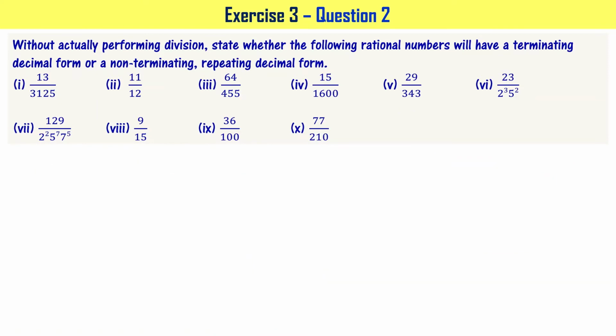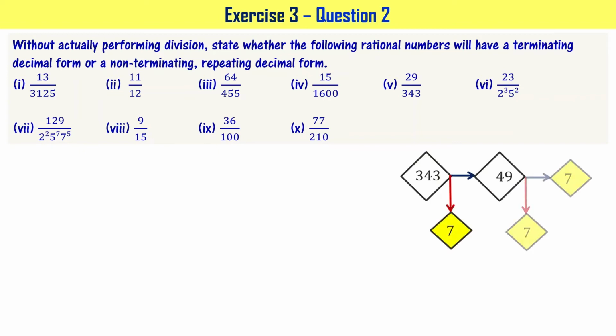Let's write prime factors for 343 first. 343 can be written as 7 times 49, and 49 can be written as 7 times 7, right? 343 equals 7 cube. We have numerator 29. 29 cannot be divided with 7 cube, so that you get rid of 7 in the denominator, right? That possibility is not there.